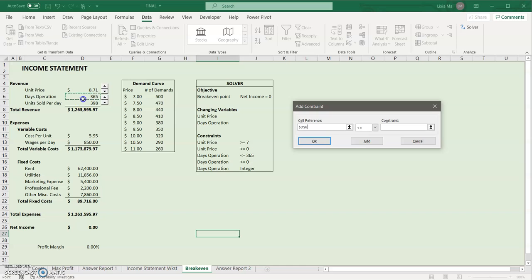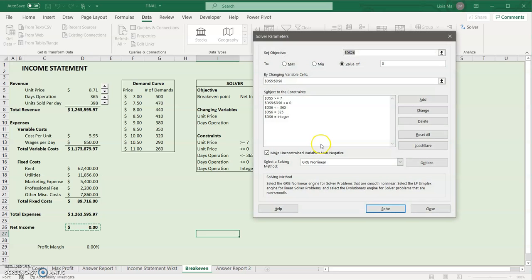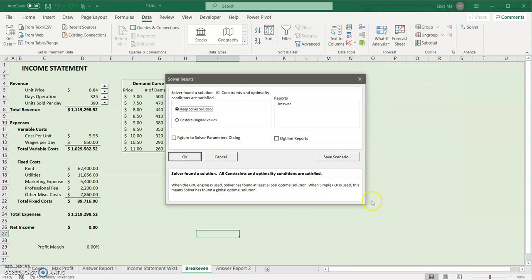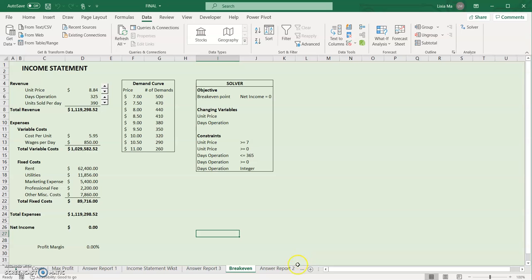Let's say the days of operation is equal to 325, meaning they only operate 325 days. Click OK, and then click Solve. Then it will tell you that the unit price should be $8.84 in order to reach a net income of 0.